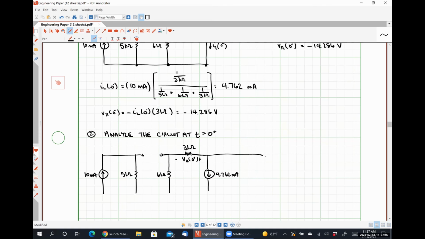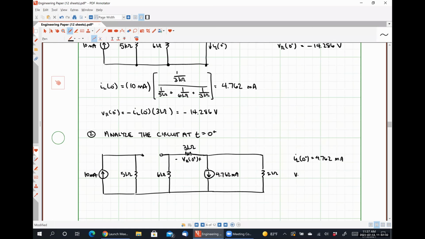And then out here, we will have that 2 kilo ohm resistor. We know that IL at 0 plus must be 4.762 milliamps because the current flowing through an inductor cannot change abruptly.